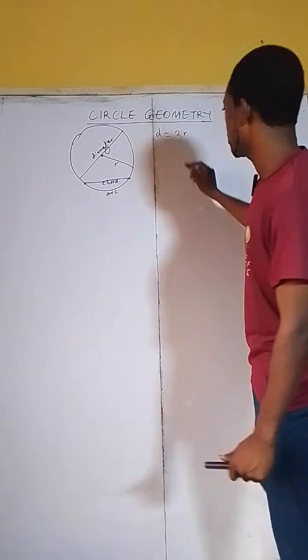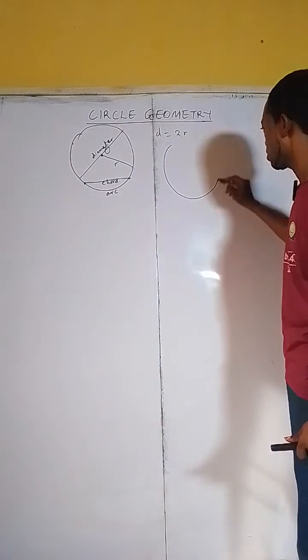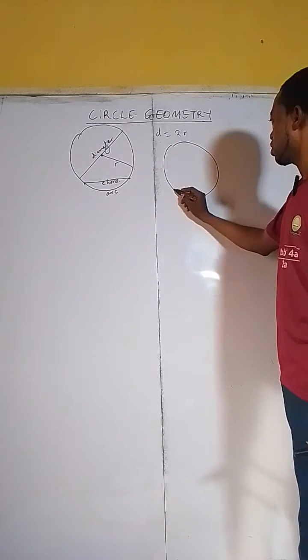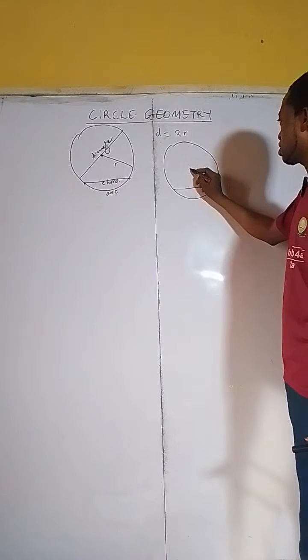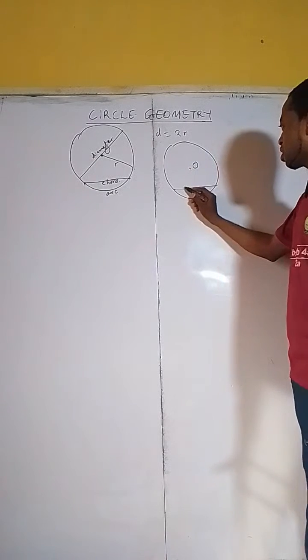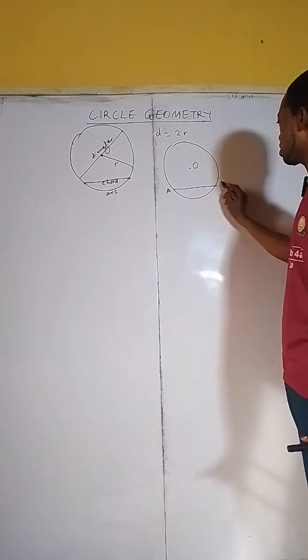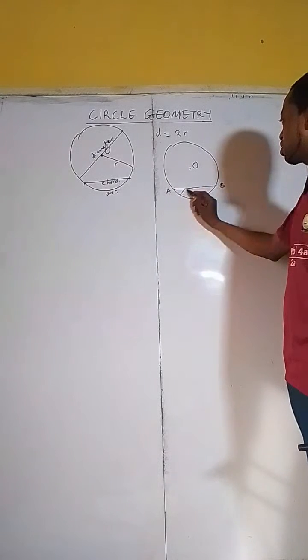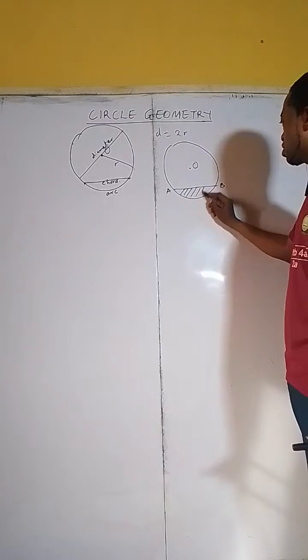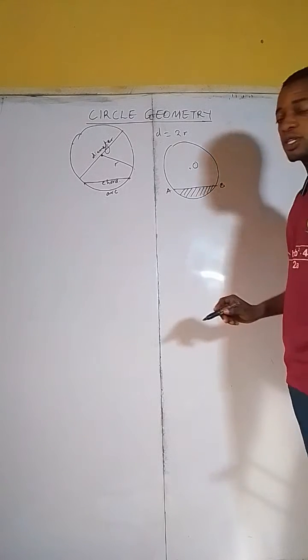So if I have a circle this way, then we have a segment. This is center. This arc here and this chord, let's label it as AB. This region here is what they call segment, and it is a minor segment.